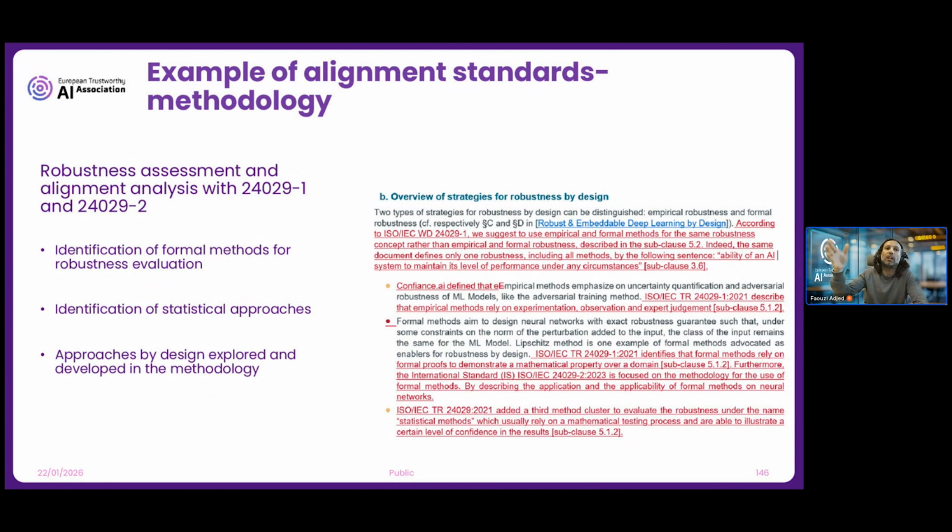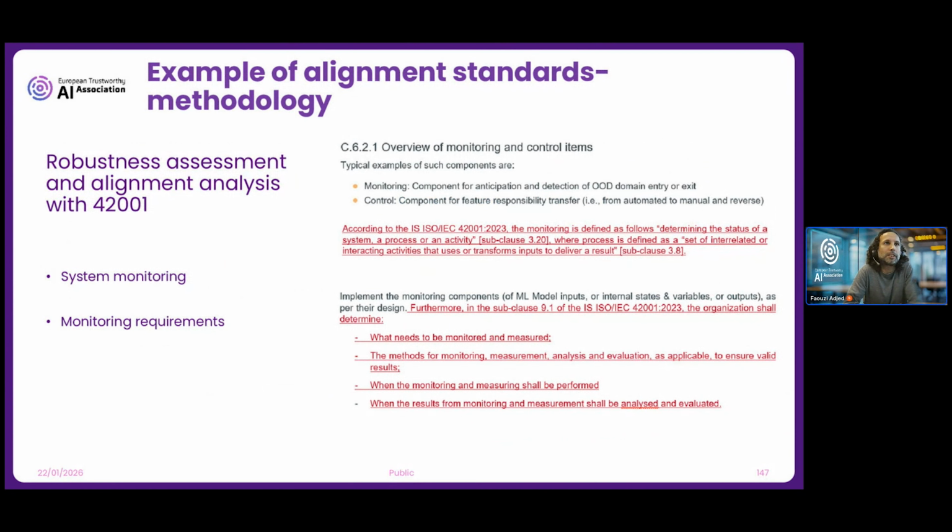So another example with the risk, for the famous 42001 standard for risk management. Then we can see that they mention the monitoring, they mention the measurement of the risk, and all of this in risk management.